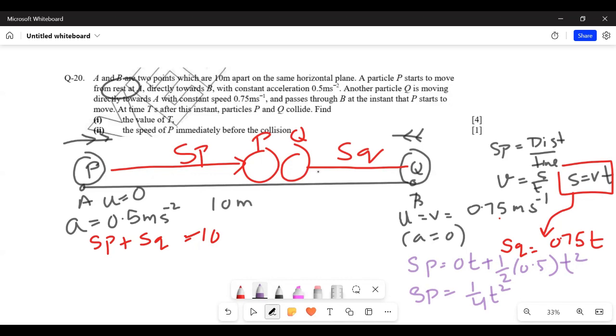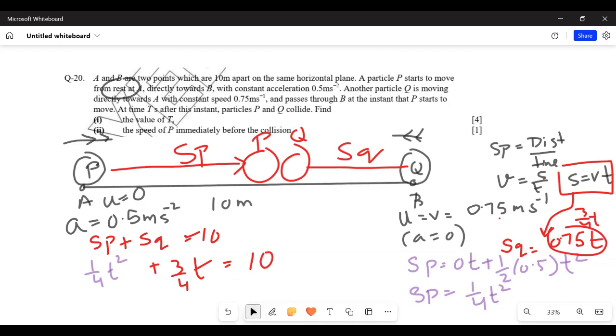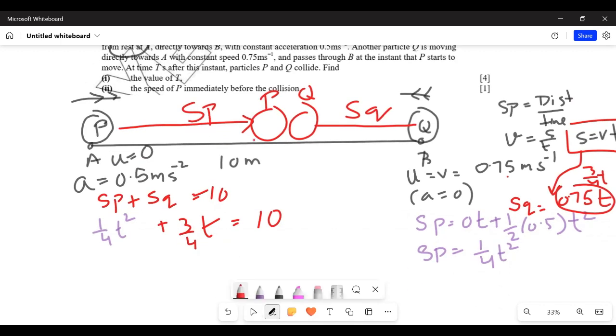Yes. Now let's add them up. 1/4 T squared plus 0.75 is 3/4. 3/4 of T. This is 3/4 equals 10. Okay, send 4 to the other side, it becomes 40. Bring it to the same side, it becomes minus 10. Solve this quadratic equation, tell me what we get.